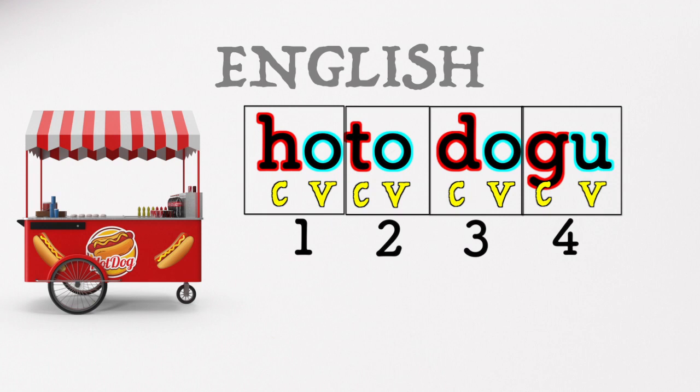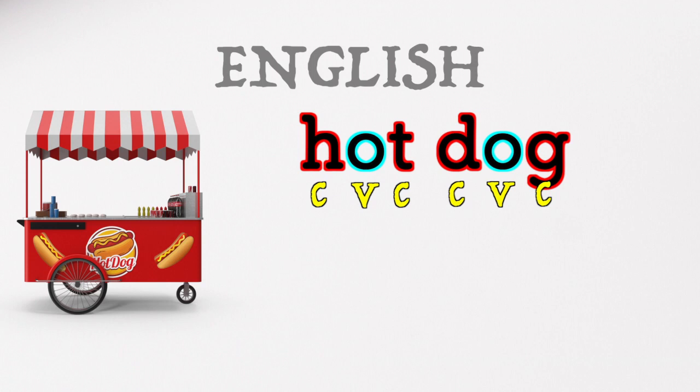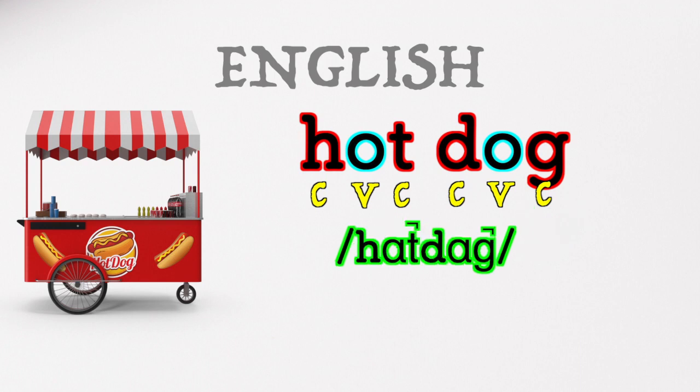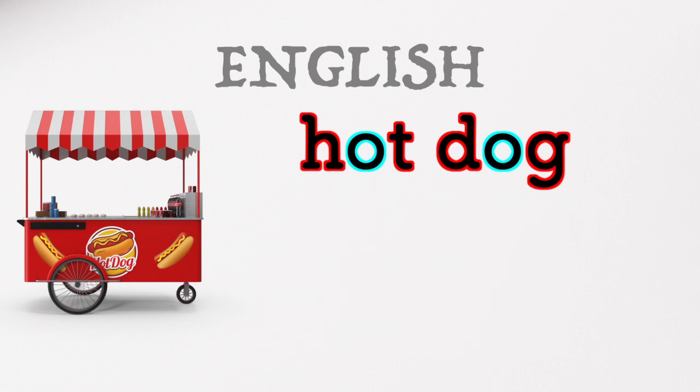A native English speaker is expecting to hear 2 syllables for this word. So if you say it with 4 syllables, it will be less likely that the native speaker will catch this word. In this case, I would recommend practicing to keep the t and g sounds at the end of each syllable closed, like this. Hot dog. Please watch our Stop Consonants video if you want to learn more about closing sounds.